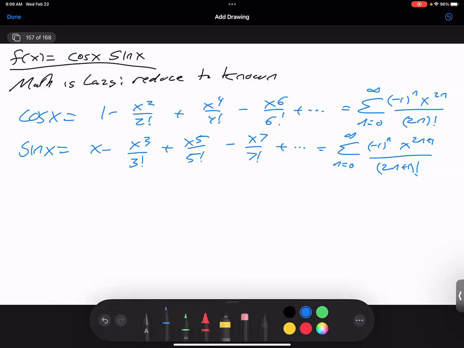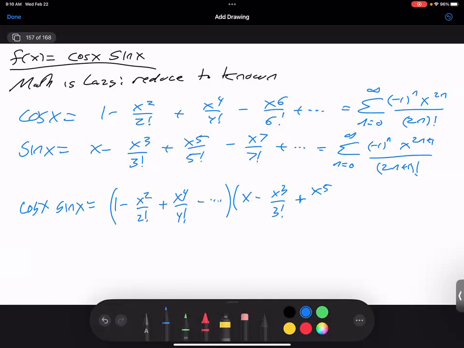All right. So I know cosine of x, and I know sine of x. So cosine x times sine x should be 1 minus x squared over 2 factorial plus x to the 4th over 4 factorial minus ... times x minus x cubed over 3 factorial plus x to the 5th over 5 factorial minus ... Now all I have to do is multiply things out and group things that have the same power of x.